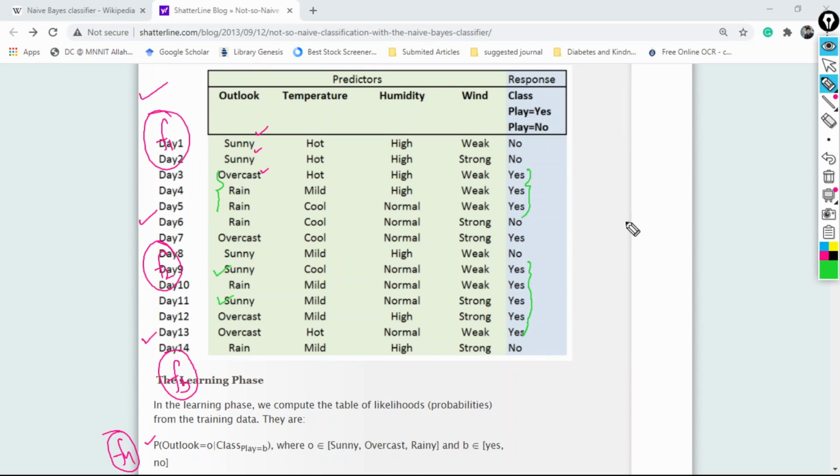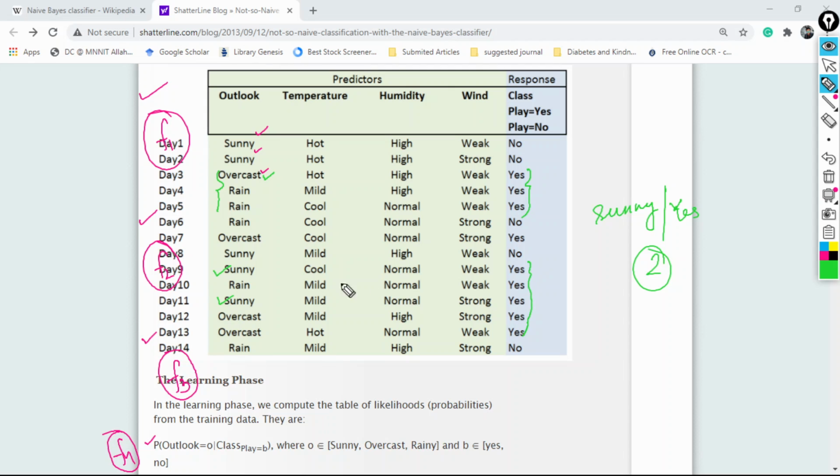So sunny given class level yes is 2. Let's see from yes how much are overcast.